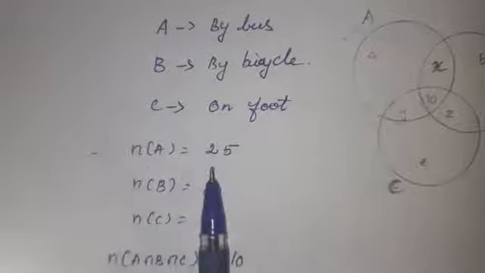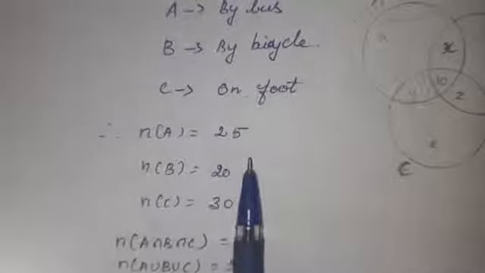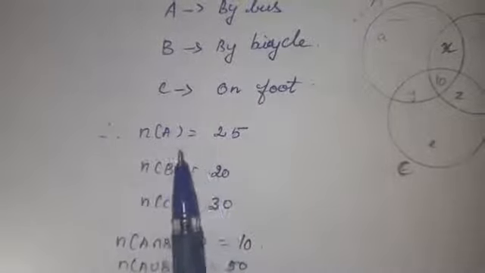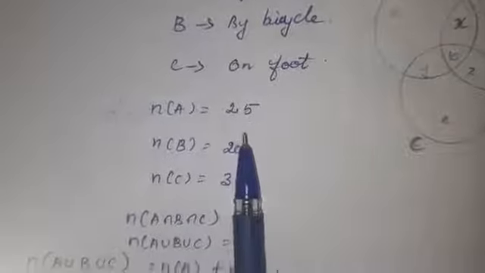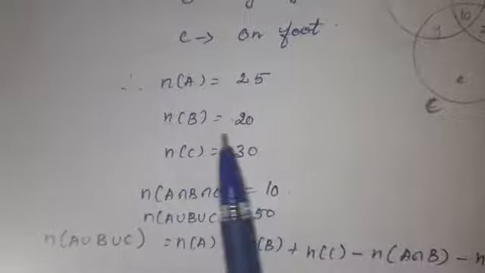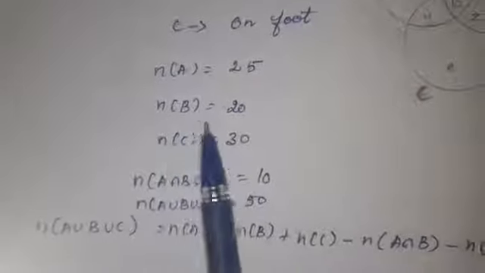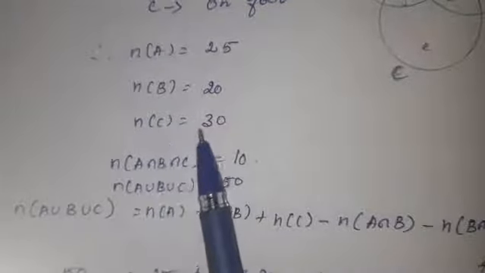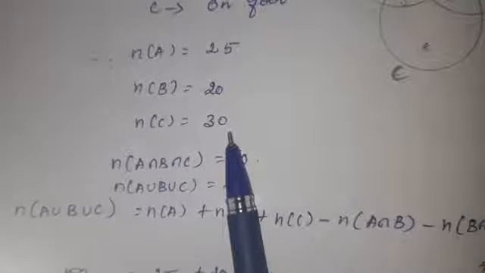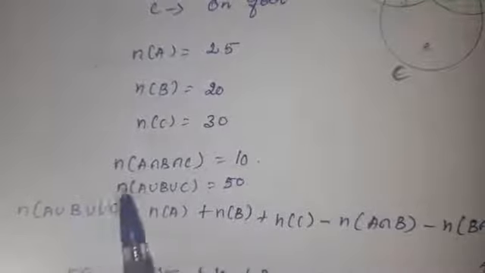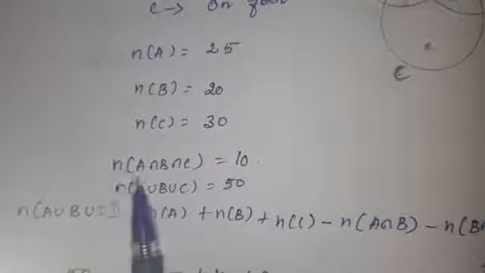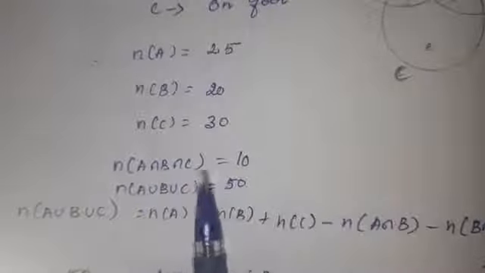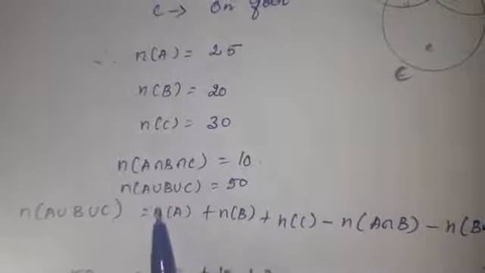N of A is equal to 25. By bus they given us 25, so N of A is equal to 25. Next, by bicycle they given in the question is 20, so N of B is equal to 20. By on foot they given us 30, so N of C is equal to 30. All the three it is 10, no? So N of A intersection B intersection C is equal to 10. How many students in that class?